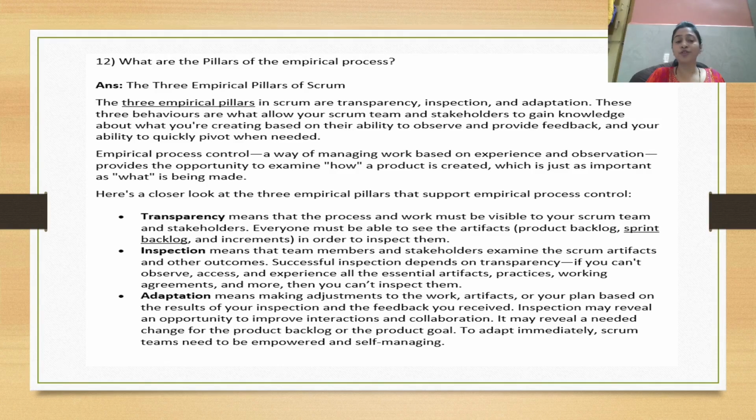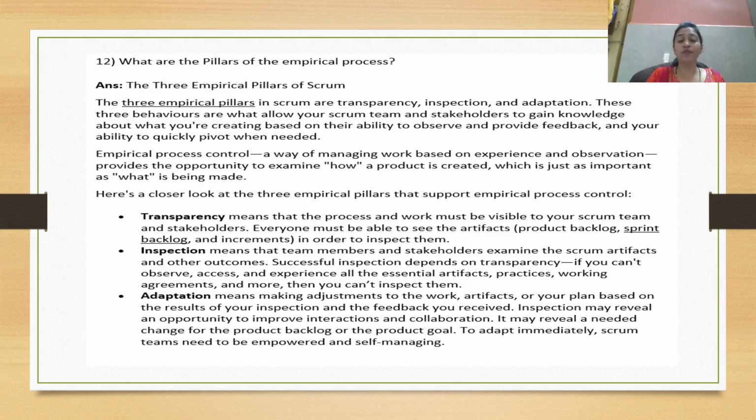Then what is inspection? Inspection means that the team members and the stakeholders examine the Scrum artifacts and outcomes. Successful inspection depends on transparency itself. Then, what is adaptation? It means making adjustments to the work, artifacts, or your plan based on the results of the inspection and the feedback you received.